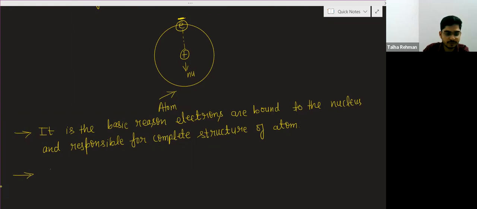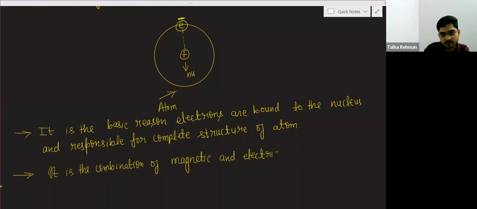We can write, it is the combination of magnetic and electric force, and electromagnetic force can be repulsive and it can be attractive. If you take two positive charges, then the force will be repulsive.